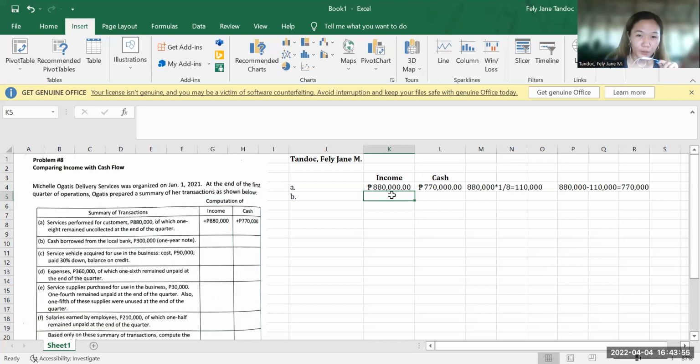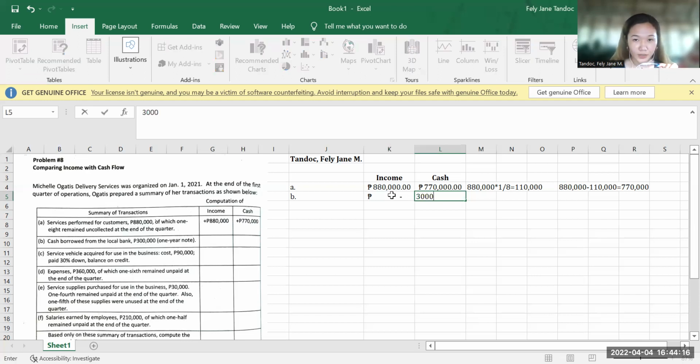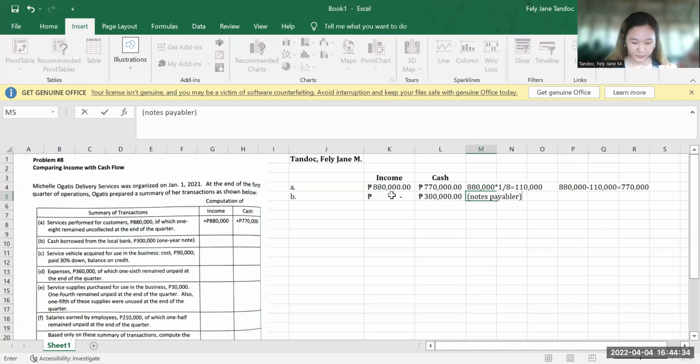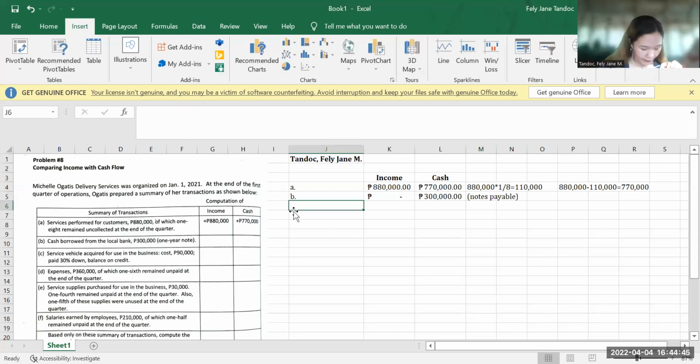So it is payable. My entry here for income is 0, since there are no services or any revenue rendered. And for the cash, we have 300,000 as indicated, but we put it as notes payable.